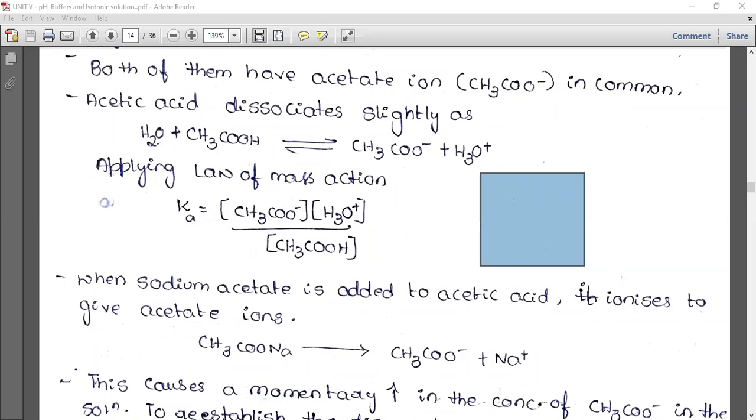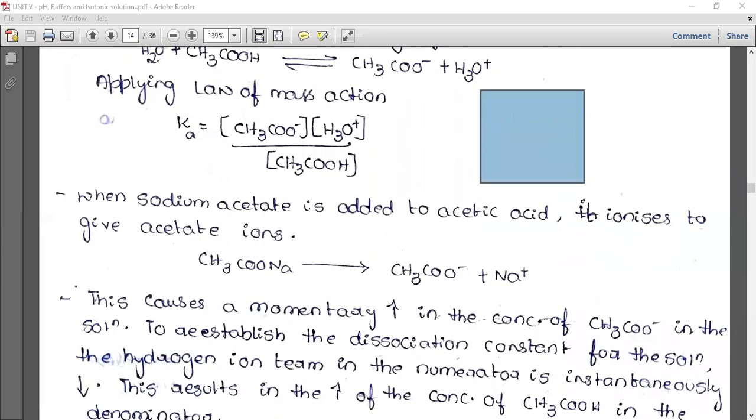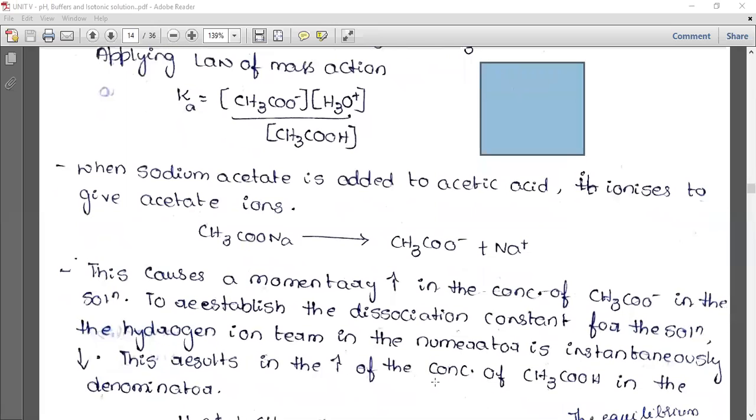So as to re-establish the dissociation constant of the solution Ka, the hydrogen ion term in the numerator instantaneously decreases. How does it decrease? This is because of increase in the concentration of acetic acid in the denominator.